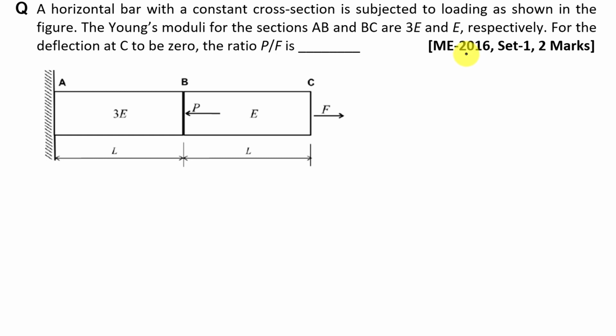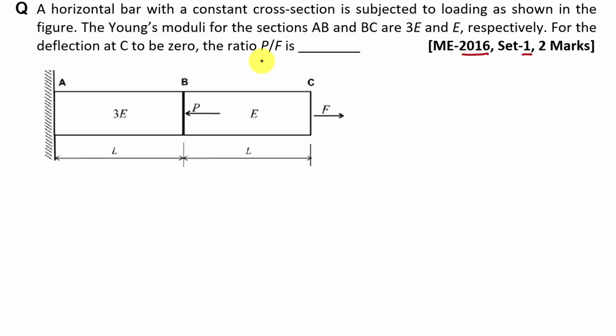Next question is from year 2016, paper set 1. A horizontal bar with a constant cross section is subjected to loading as shown in the figure. The Young's moduli of the section AB and BC are 3E and E respectively, that is given in this figure. For the deflection at C to be 0, the ratio of P divided by F is blank.